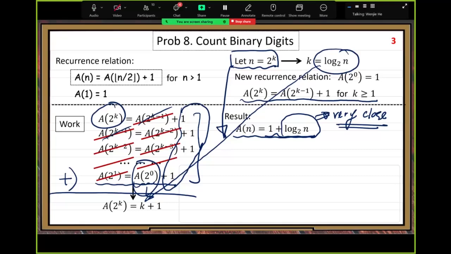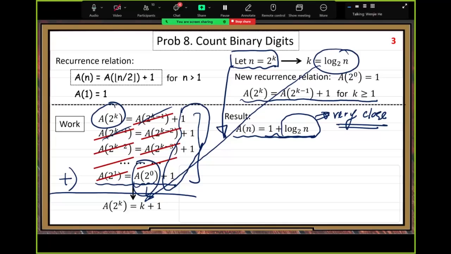Do you have any simple way to do the conversion? Think about that. What's the simplest way you can convert a non-integer function to an integer function? The simplest way.